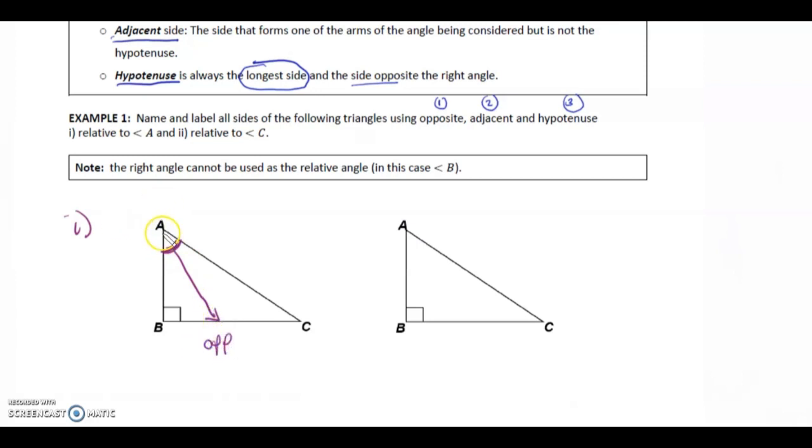Okay, when we're coming from angle A, we're not able to put an arrow through this side because these two sides here make up angle A. Okay, so the adjacent and the opposite meet at 90 degrees. So this is adjacent. And the hypotenuse is always the longest side in the triangle and is also opposite the 90 degrees.